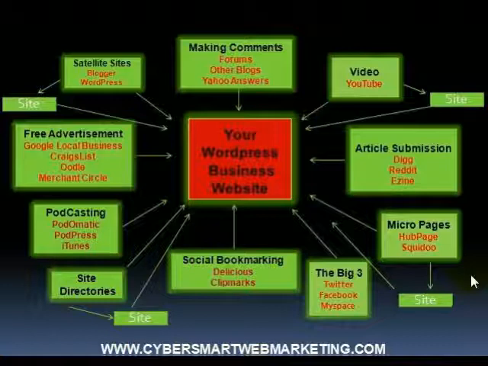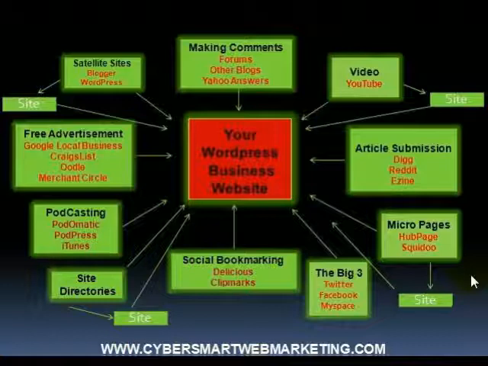Again, all of these Web 2.0 things that I'm about to go through take time, and you don't want to just sign up for accounts on 26 different article submission and social bookmarking sites and kind of spam, because it really doesn't work like that. They're not going to pay you attention anyway, and you're wasting your time. What you need to do is pick a few of these, whatever you have time for, and develop relationships and communities there.